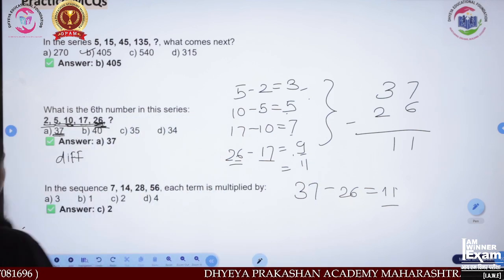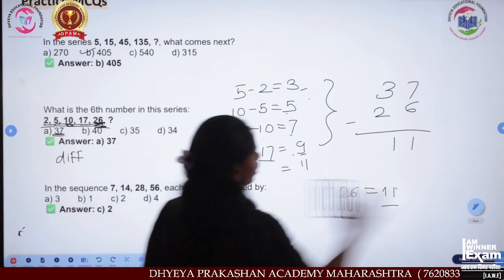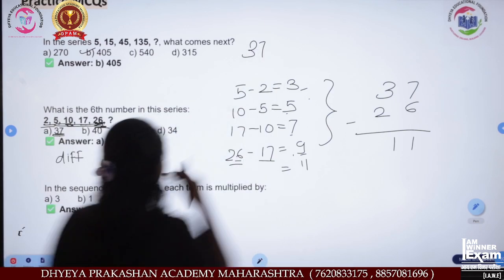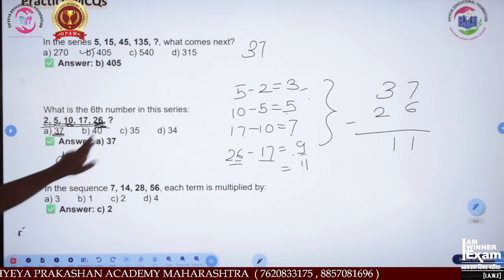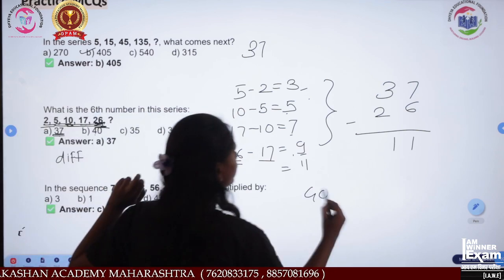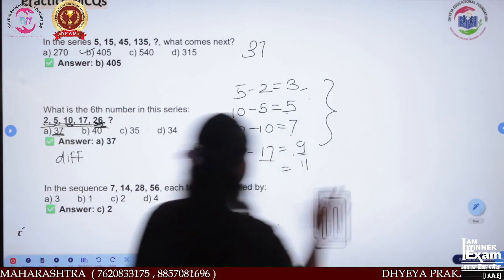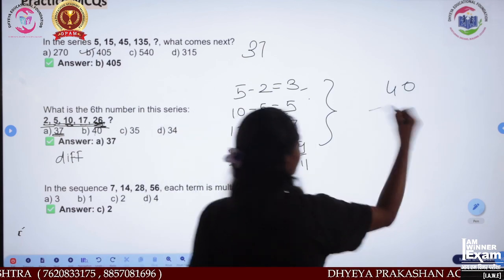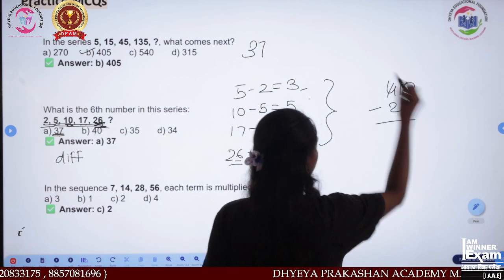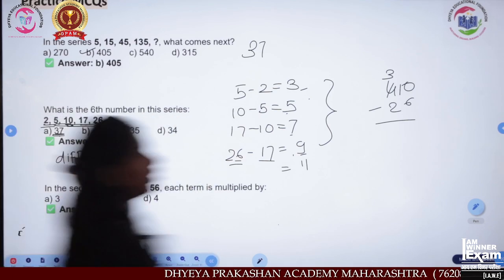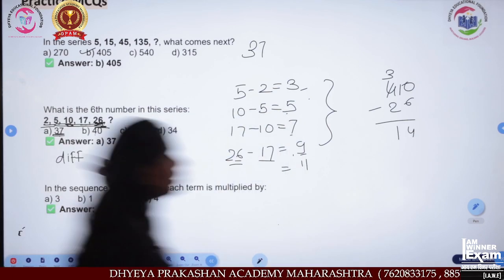Let's check the other numbers, keeping 37 aside. Then 40. If you subtract 26 from 40, 10 minus 6 you get 4, and 3 minus 2 is 1.